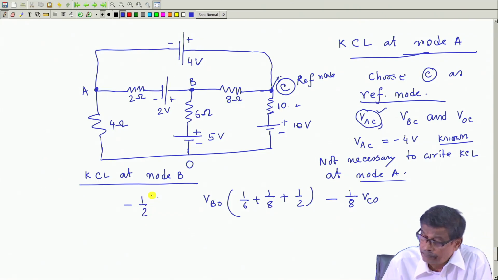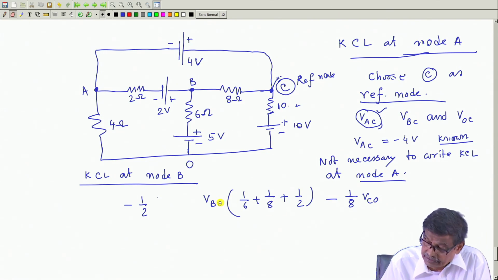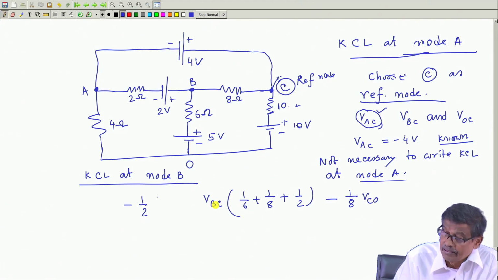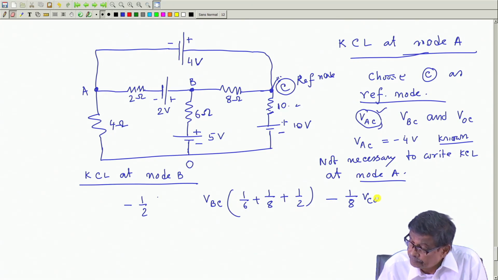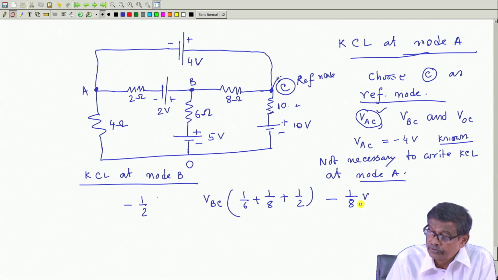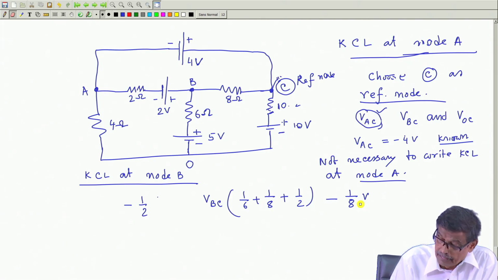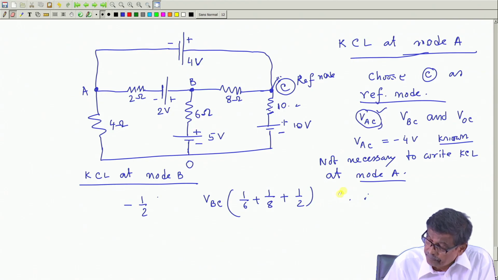No, not VA0, please forgive me, I have made a mistake, because my reference node is C, I should write VBC, the potential of B with respect to C. Similarly, the coefficient of BC will be 1 by 6, 1 by 8, 1 by 2, and I am writing here. So, this term does not come.